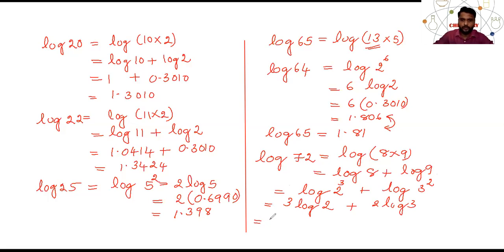So 3 into log 2, which is 0.3010, plus 2 into log 3, which is 0.4771. Therefore, log 72 is equal to 1.8573.